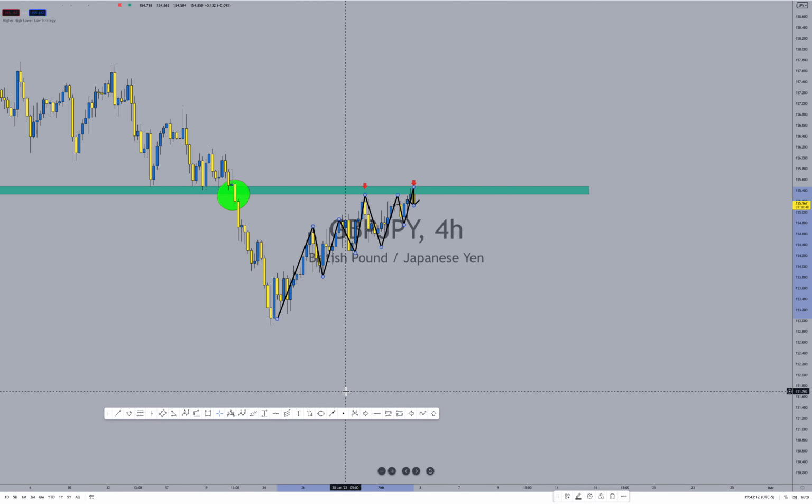Now bear in mind that when price starts to create reversal patterns such as the double top or double bottom, we can look for reversals, right? But if we're going to look at it from a more reserved point of view, we would want to wait for that higher low area to be broken.